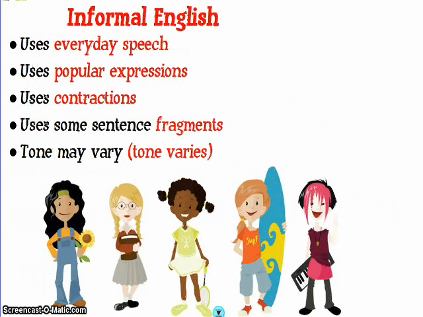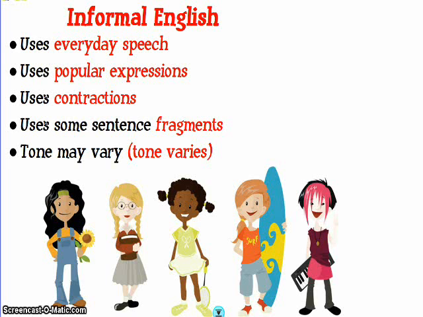Then you can have on the opposite end of the spectrum, informal English. Informal English is what we use most days when we're just talking casually to people. It's everyday speech. Informal English has popular expressions being used. So saying that rappers like to have bling bling on them. So slang words, right?